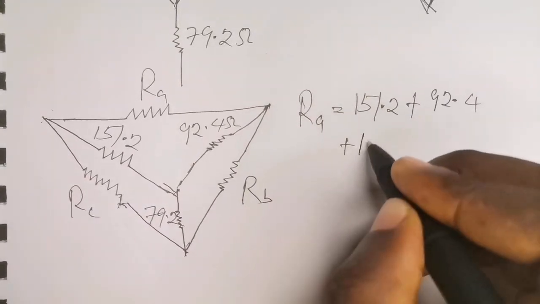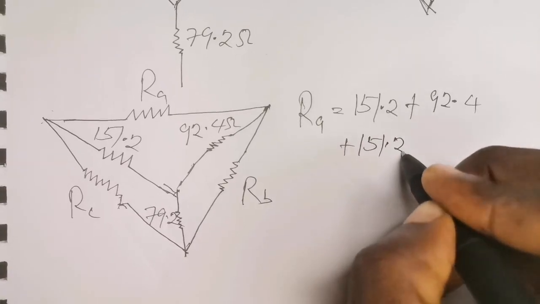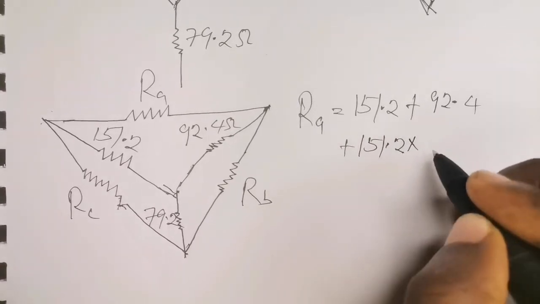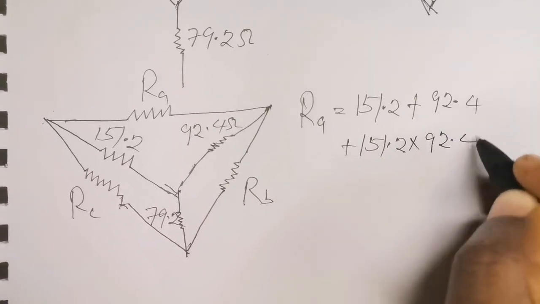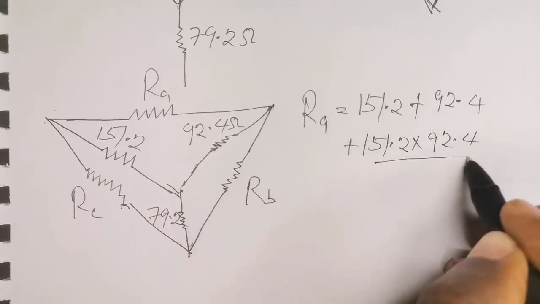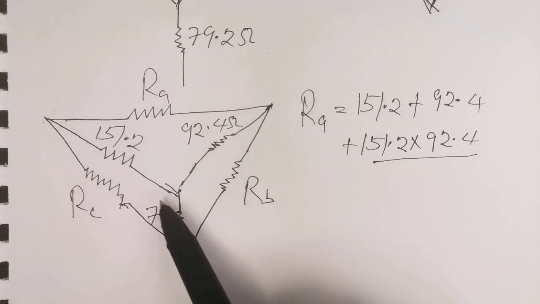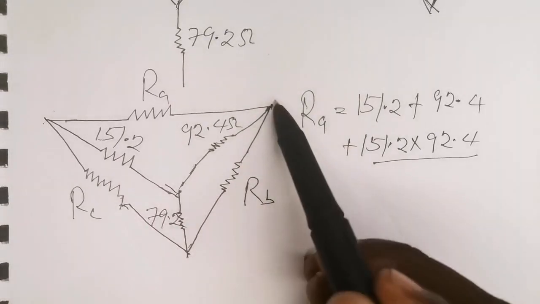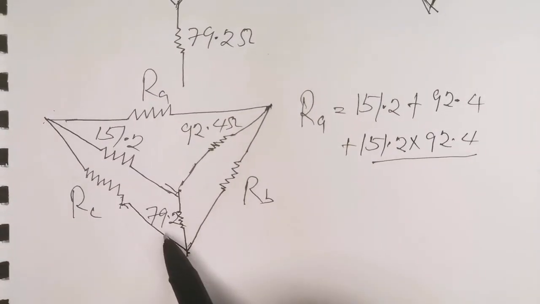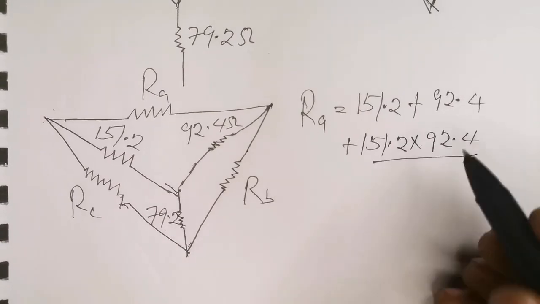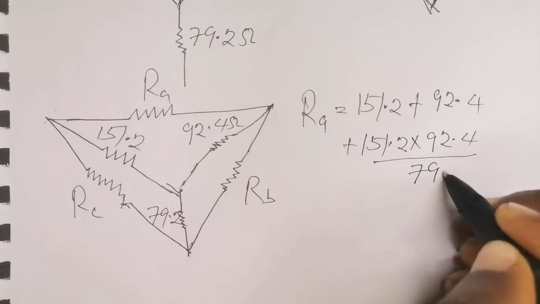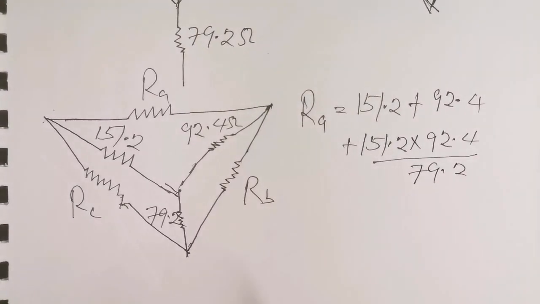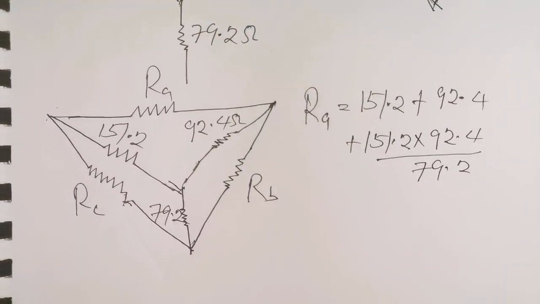So I have 151.2 multiplied by 92.4. Now you're dividing this value by the remainder which is not part of the triangle, and that remainder is simply 79.2. So divide by 79.2. Let's see if this will give us our original value.